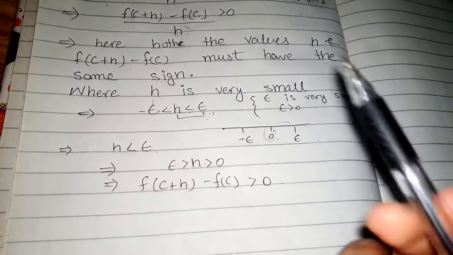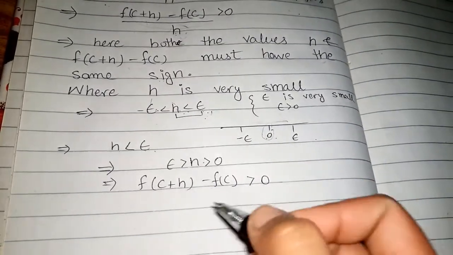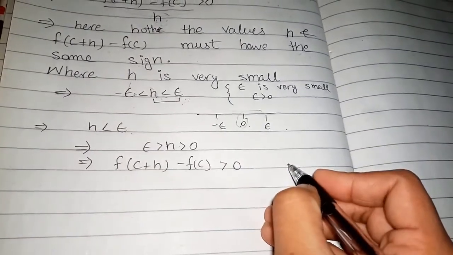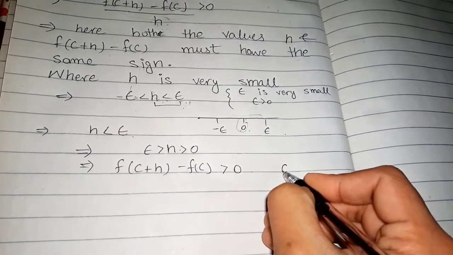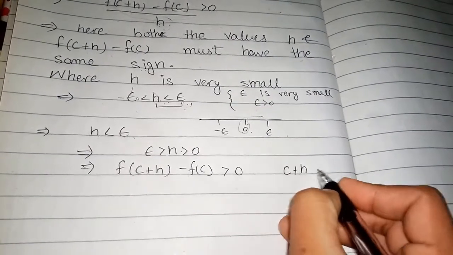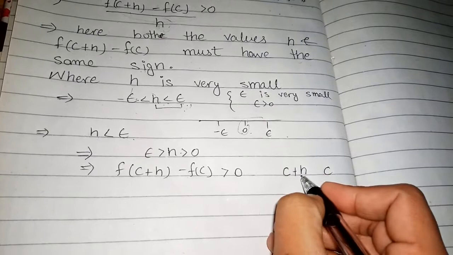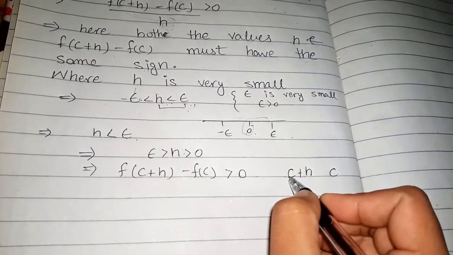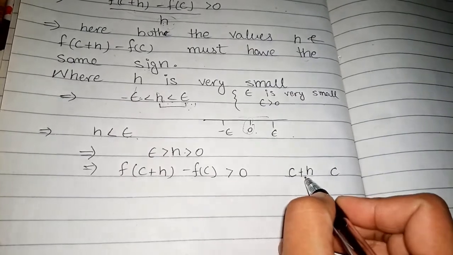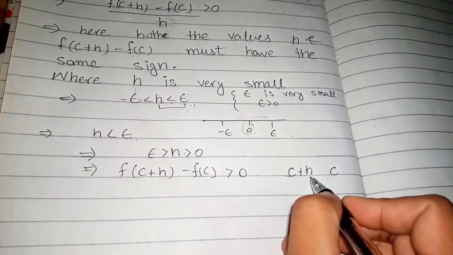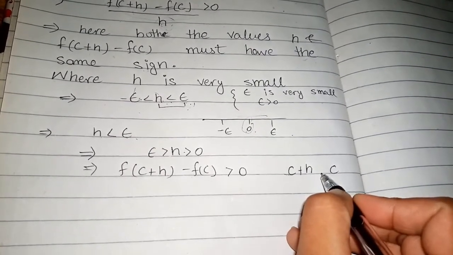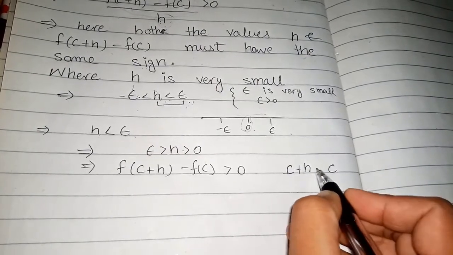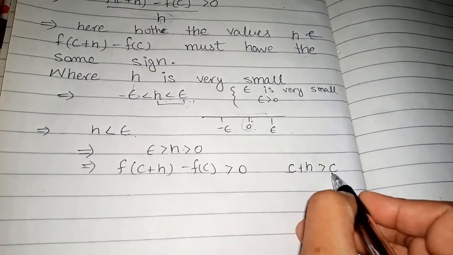So h is positive, and if we add a positive number to c, what is the relation between c and c plus h? If we have a point c and we add a very small positive number to c, then c plus h must be greater than c.